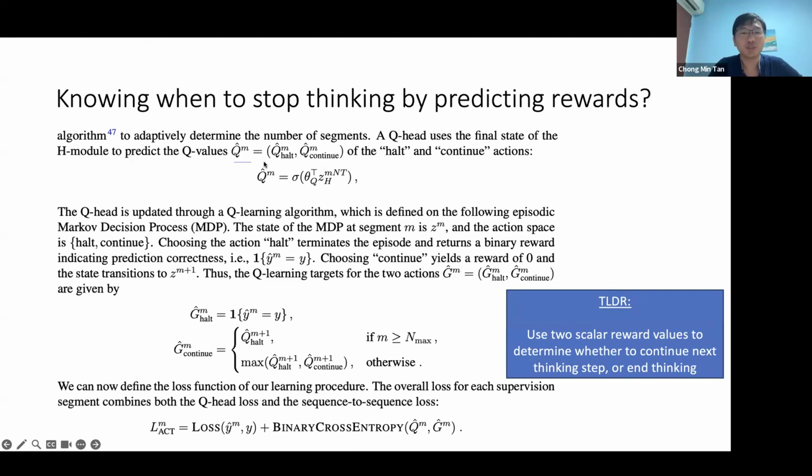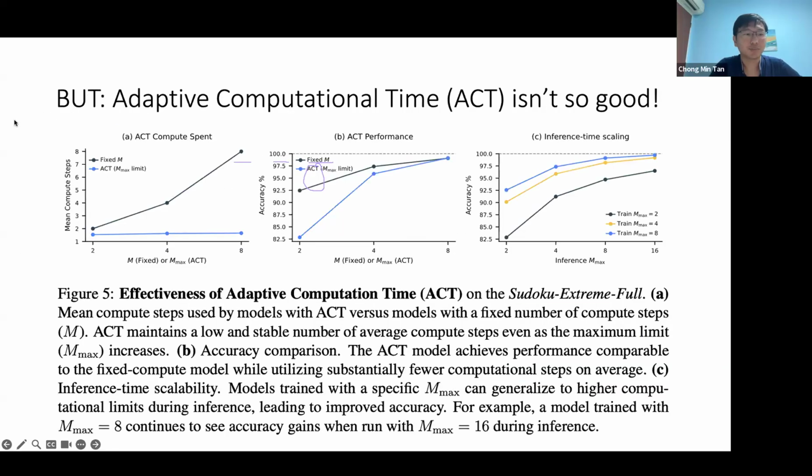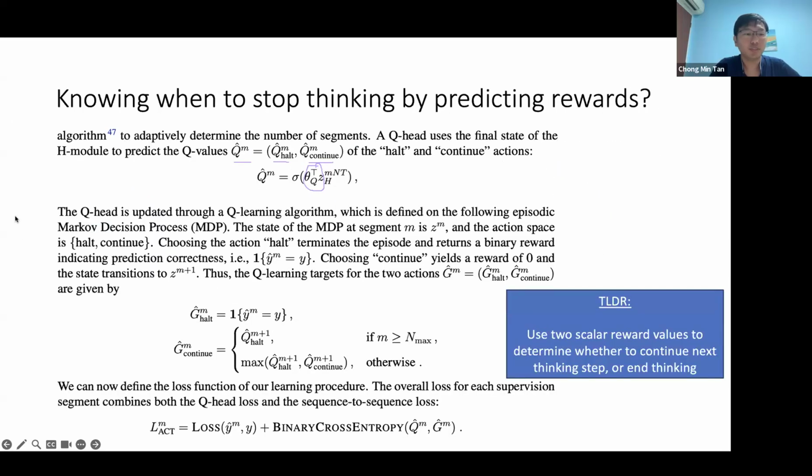So we have Q values to say whether to halt or continue. We use the final state of the H module. Sorry, that's not the final state of the H module, that's the MLP step. We use the final state of the H module, which is this here, and then we basically run it through a multi-layer perceptron.